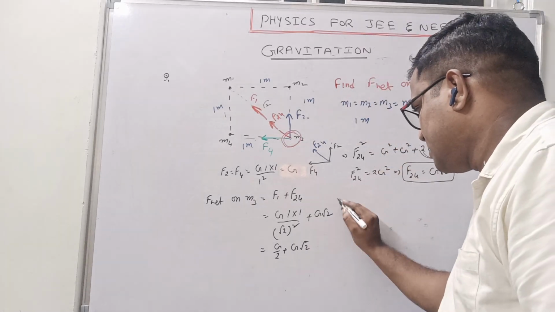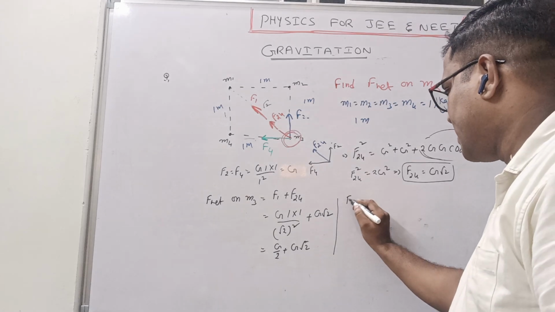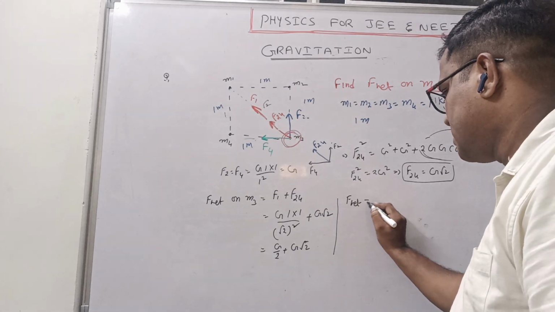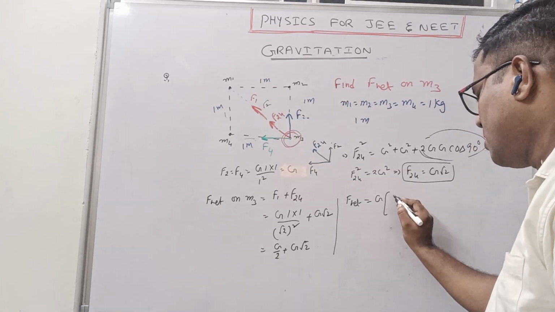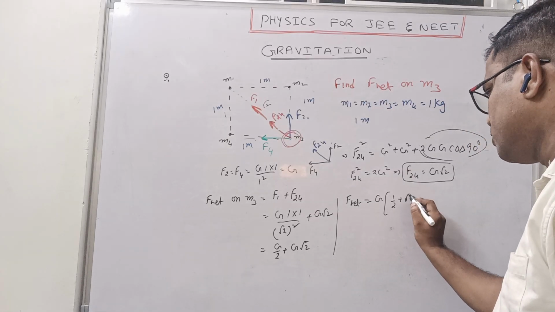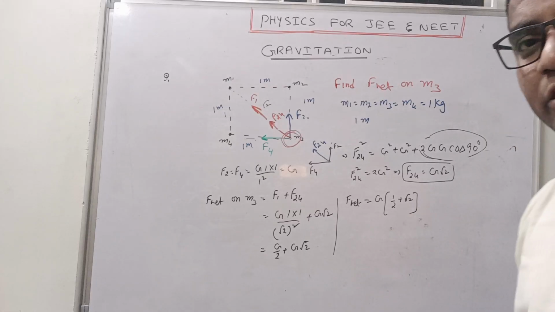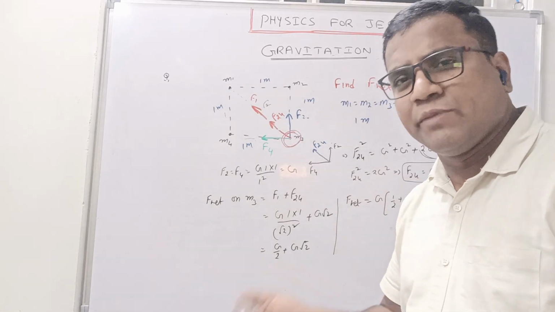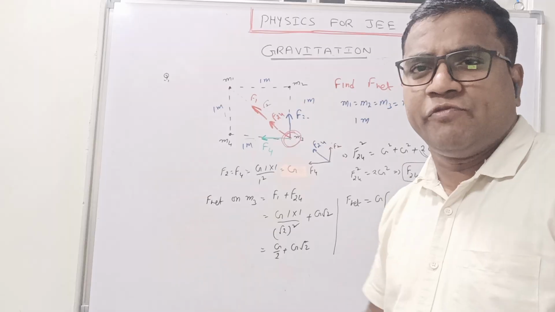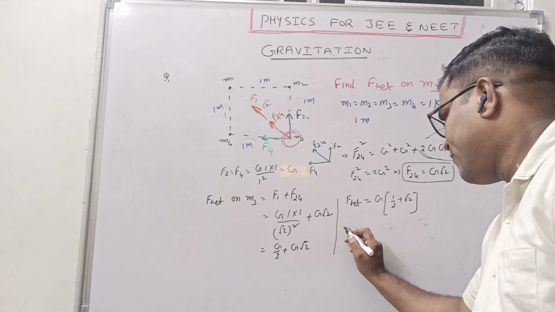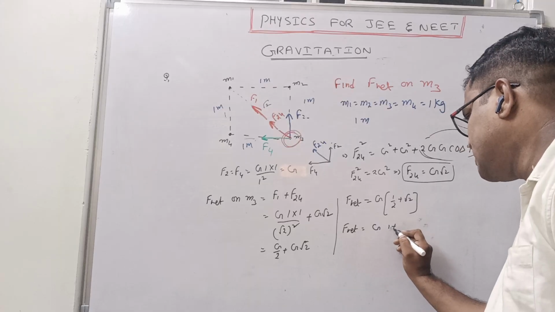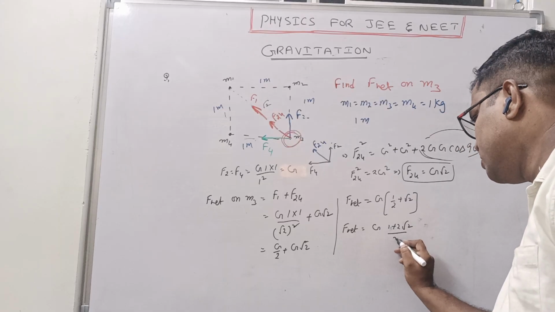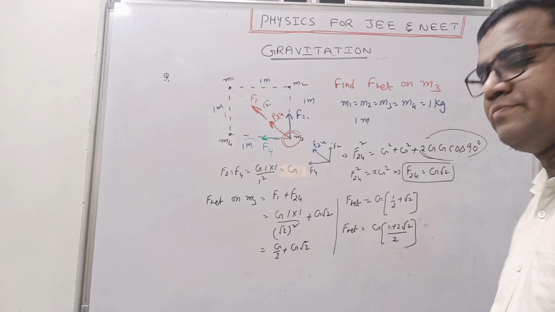Now F net can be written as, taking G common, G times 1 by 2 plus root 2. If you want to simplify further, it depends upon the options. So F net can be written as G times (1 plus 2 root 2) by 2. This one also you can write.